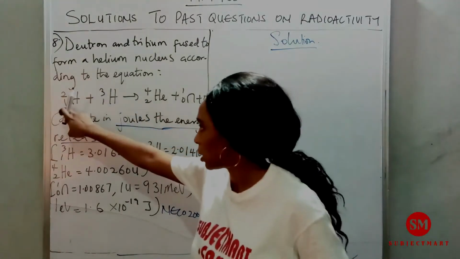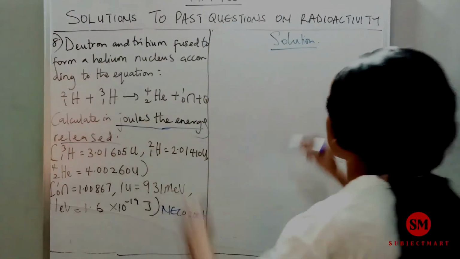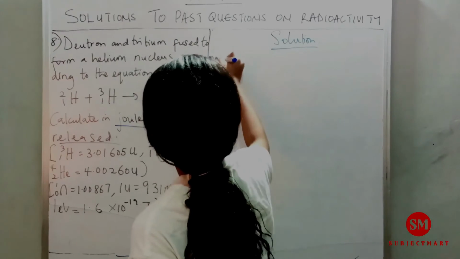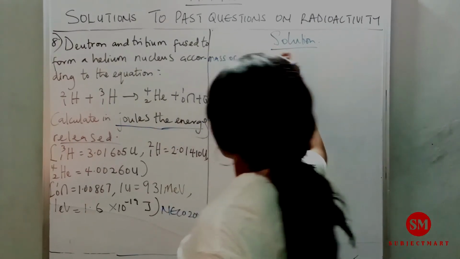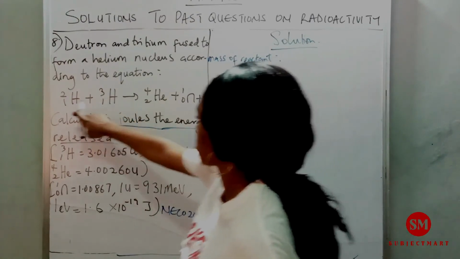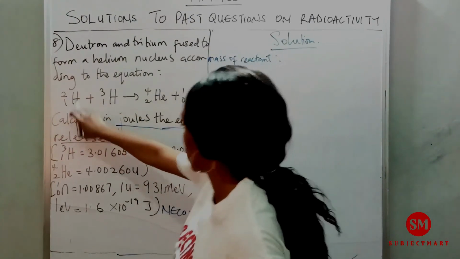So we go ahead to find the mass of the reactant. Mass of reactant equals the mass of this plus the mass of this. The masses will be given.